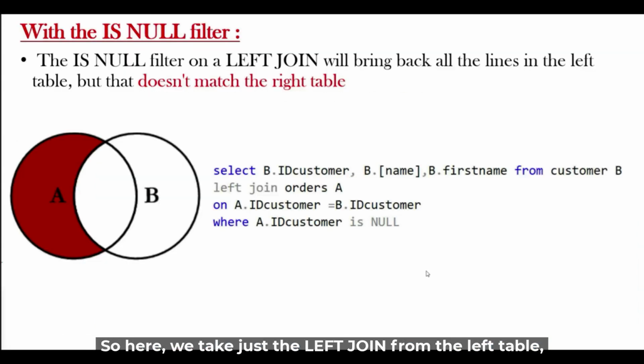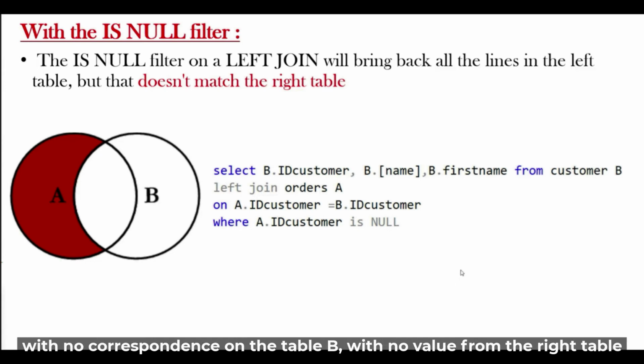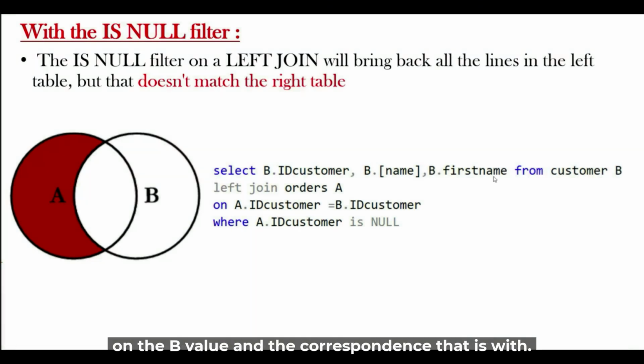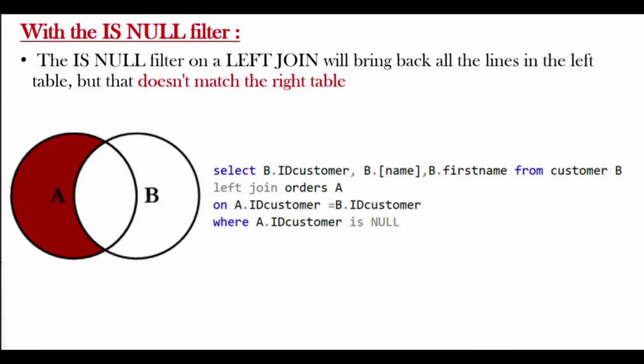So here we take just the left join from the left table with no correspondence on the customer table, table B, with no value from the right table. In this case I have to add the null.